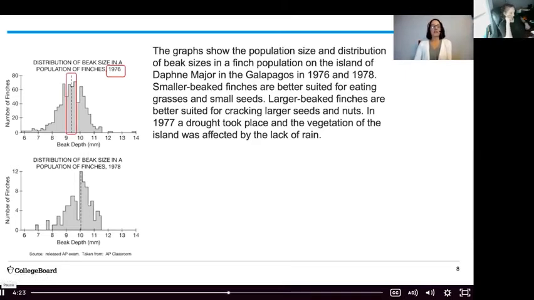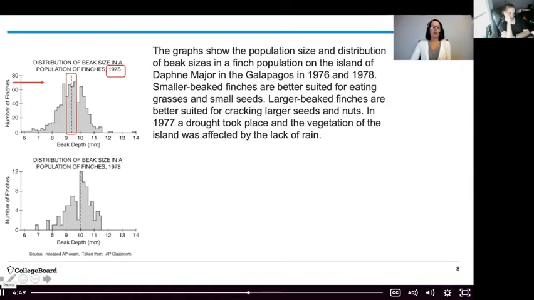In 1976, I can see this average beak depth. By beak depth, they kind of meant how long the beak is, how deep it went. So that's what that beak depth is measuring. And I can see it was about 9.5 millimeters. And I can see that the population of finches with that beak size was about 70 finches. So in general, the population was high.